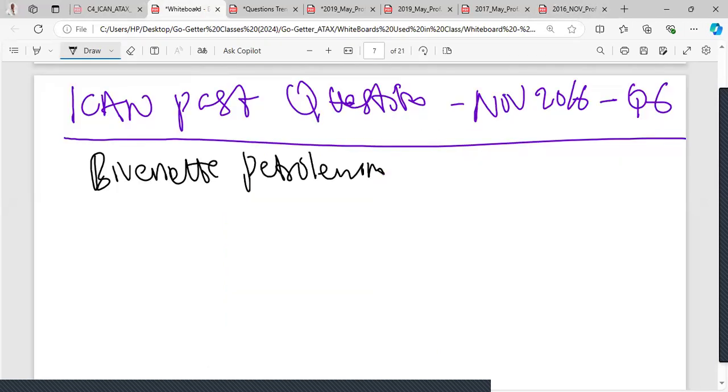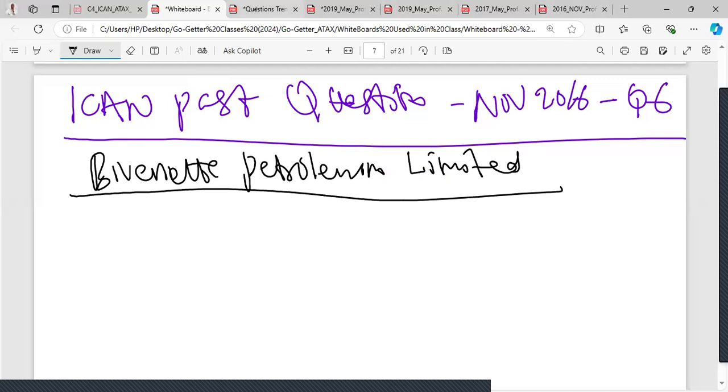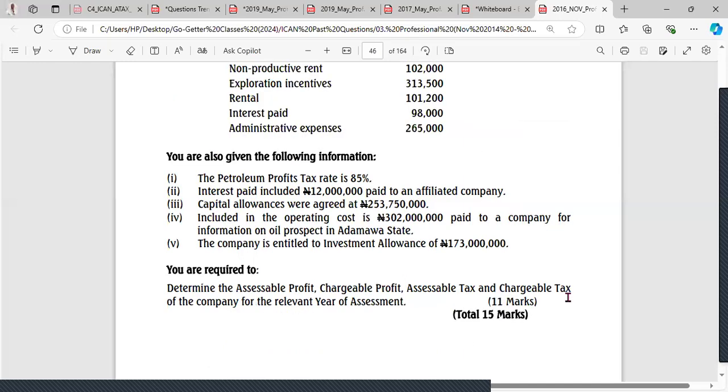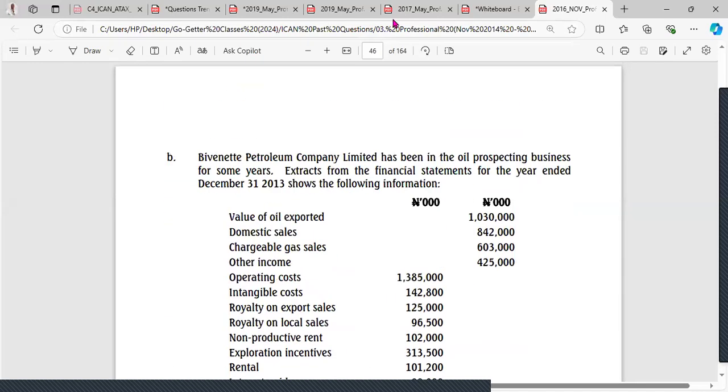Of course, you have to be a limited company to be able to do upstream operations. Then they have been in the oil prospecting business for some years. Now, this is the financial statement from December 31, 2013. So I will just say assessable, chargeable, and other taxes for 2013 year of assessment.